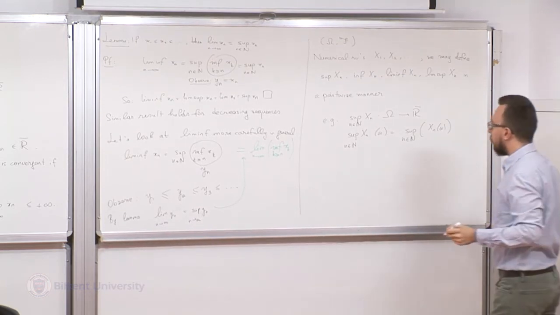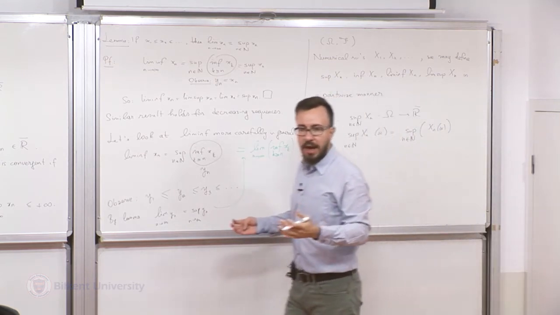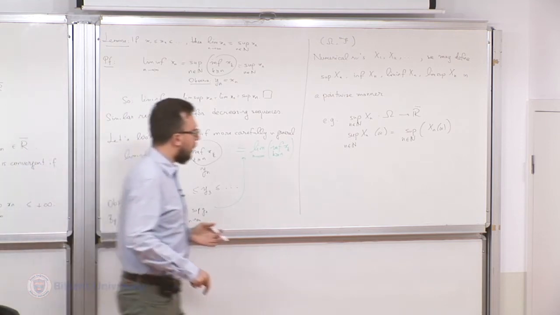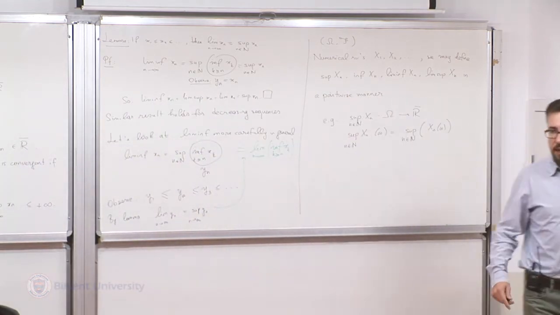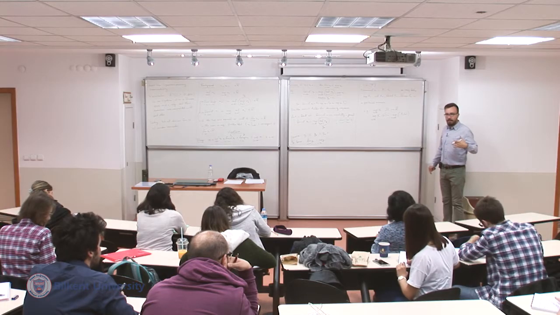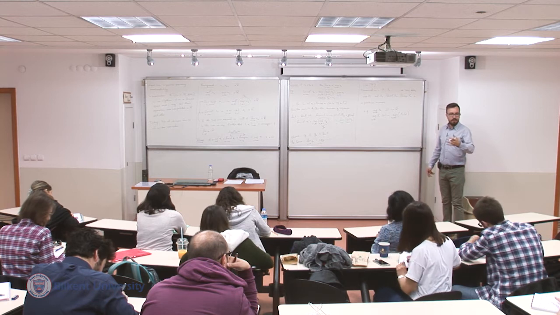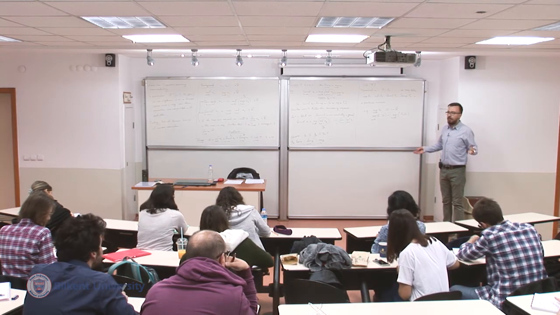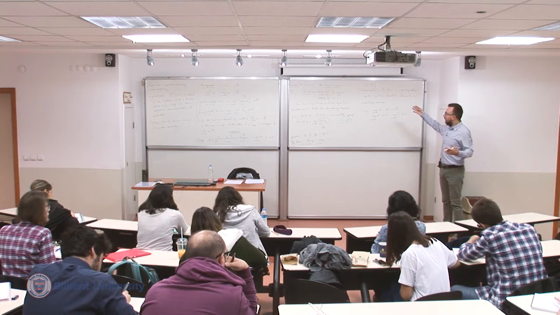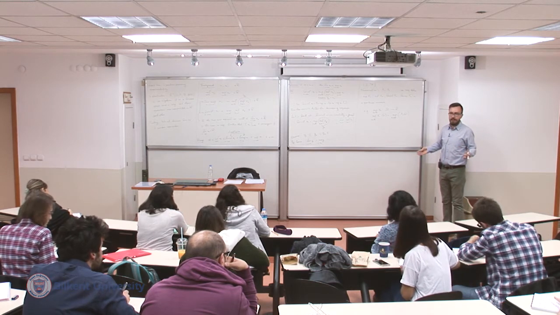Just like the way we added random variables, we multiplied random variables, this is how we take their inf, sup, etc. So the hope is that we have the same type of property. When you take the limit or inf of those random variables, again, you get a random variable. In other words, these limiting operations preserve measurability.